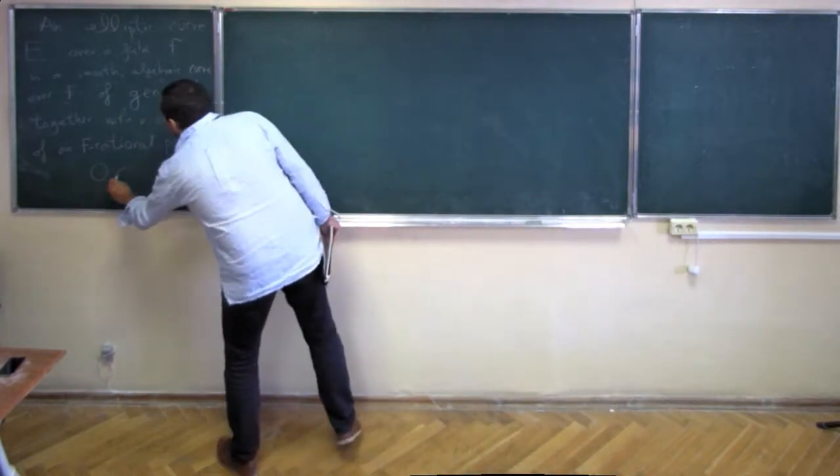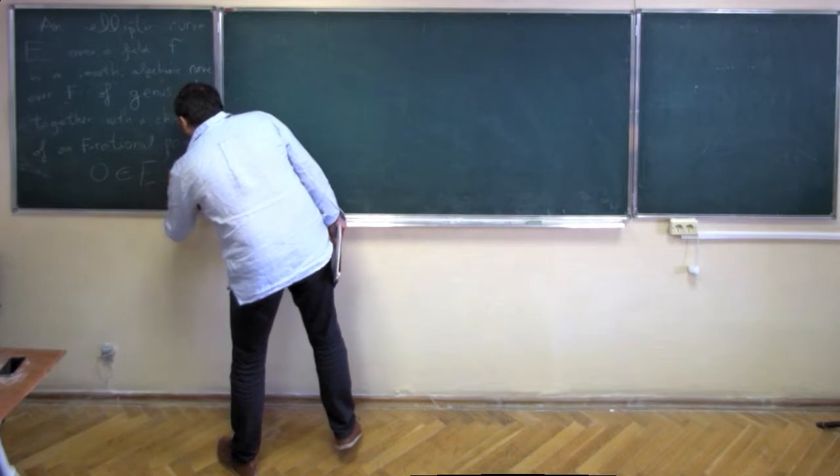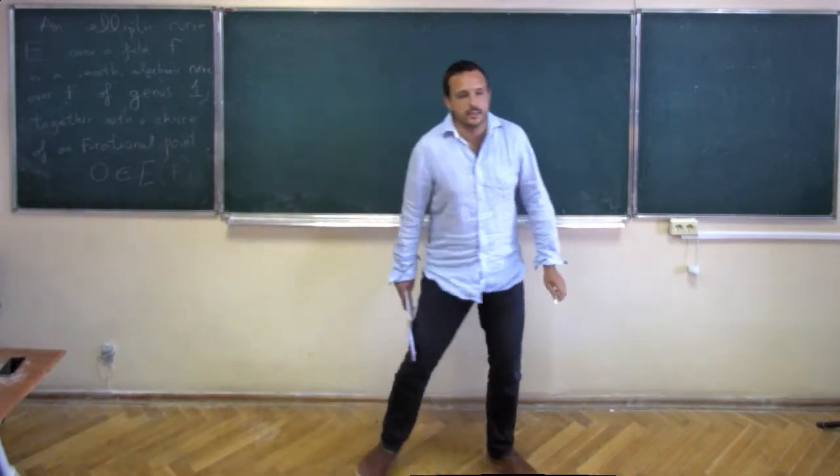So this will be a choice of a point on the set of F-rational points of this curve.